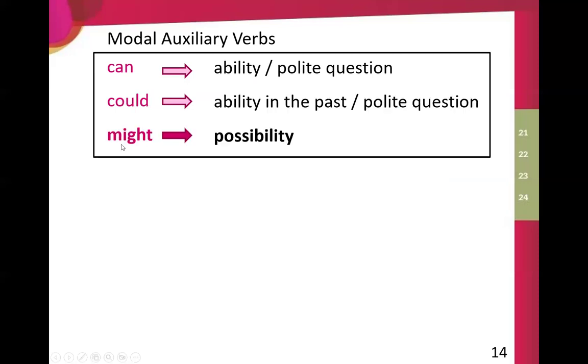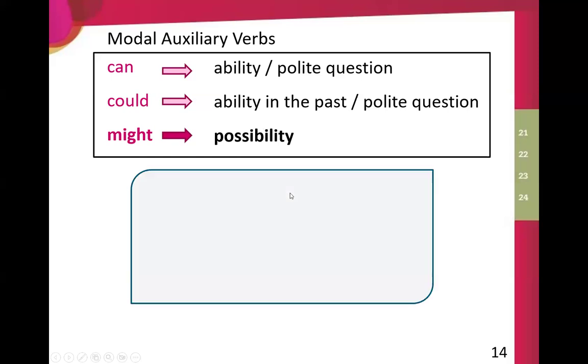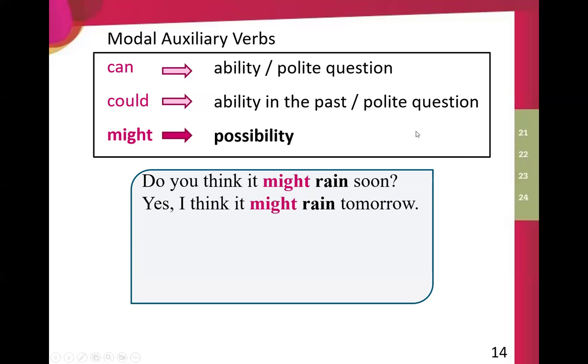Also, might gives the meaning of possibility. It's not a big possibility, but it's a possibility. So, do you think it might rain soon? I guess it's about 60%. Okay. Yes, I think it might rain tomorrow.